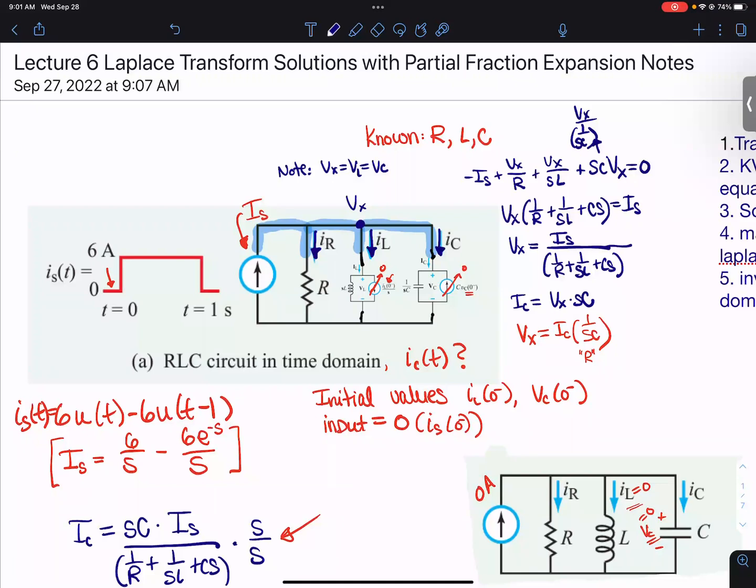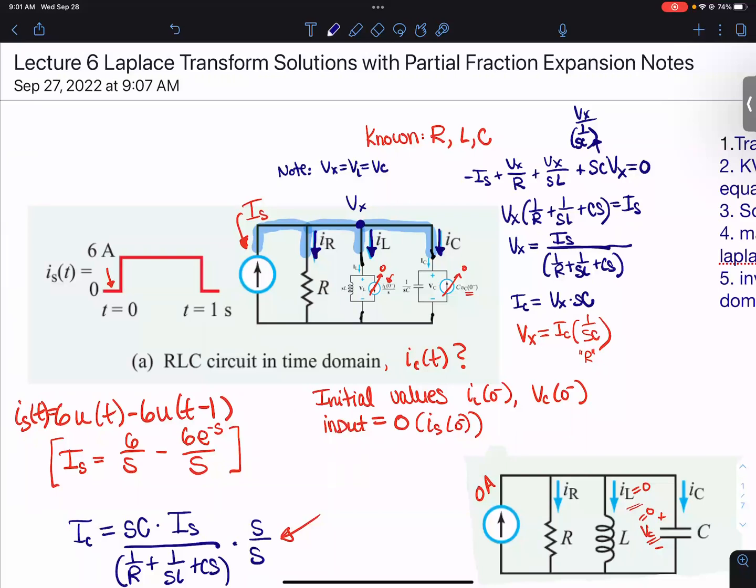And so at the beginning, if I subtract 6u of t, and I subtract off the 6u of t minus 1, then change the color.